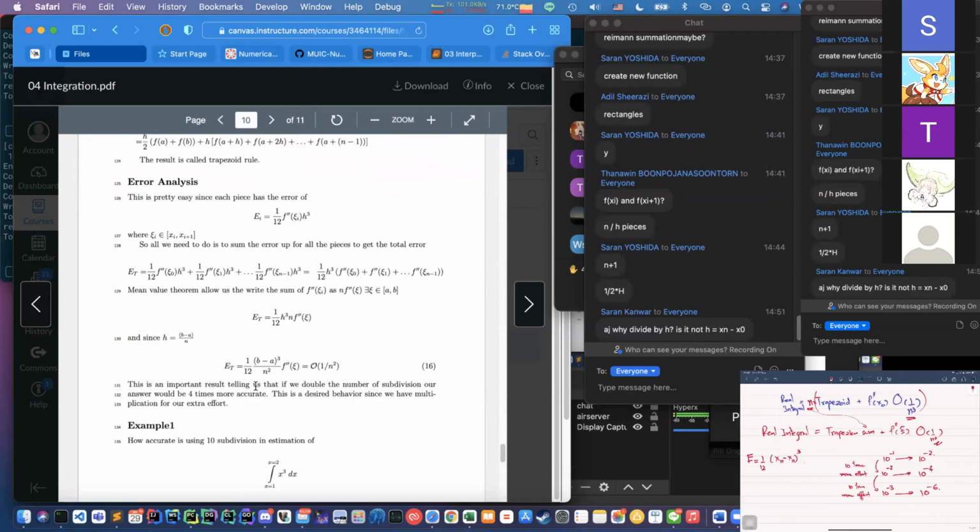Doesn't matter because you're going to take the absolute anyway. Over n squared and f double prime of c for some c in x0 to xn.